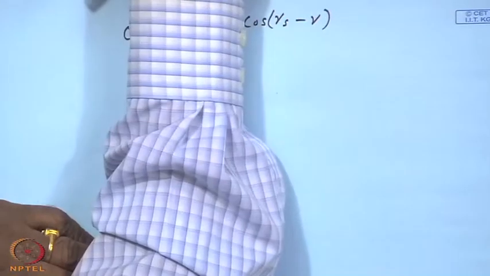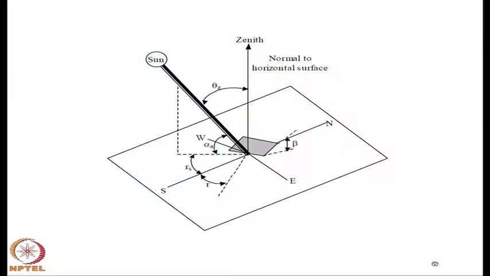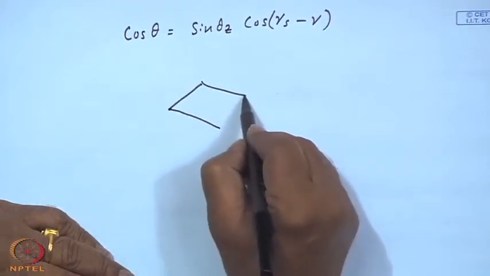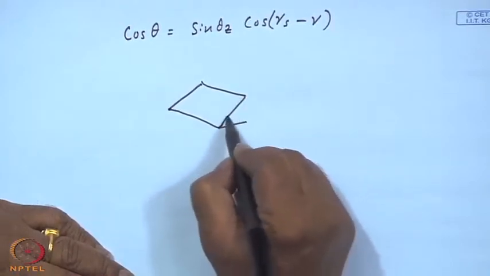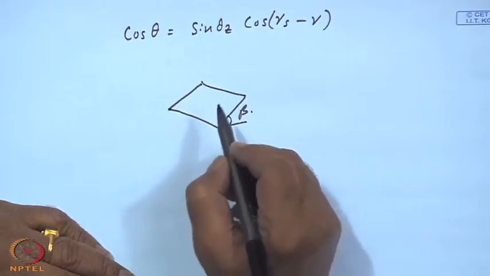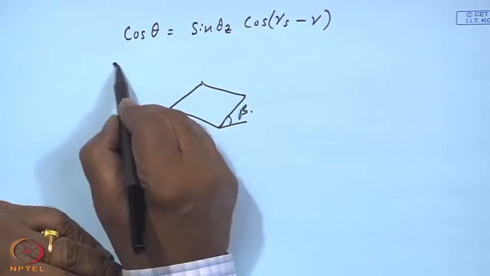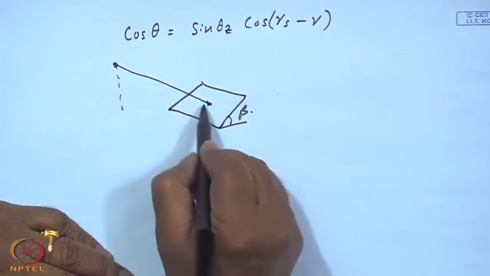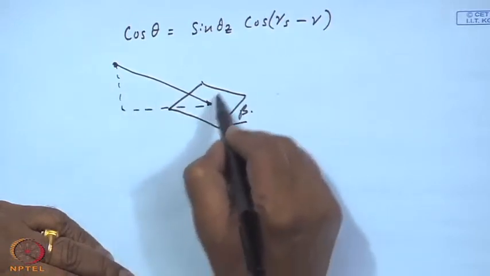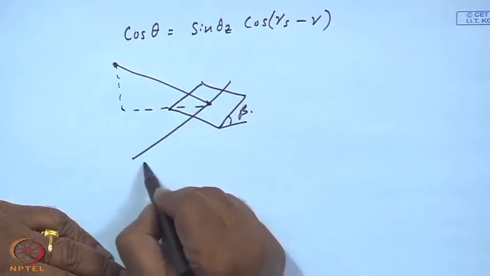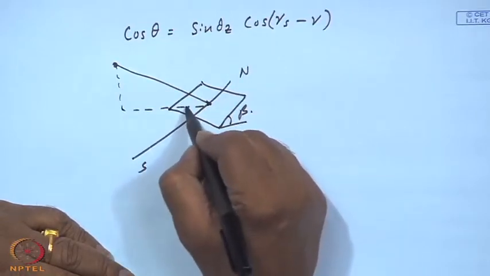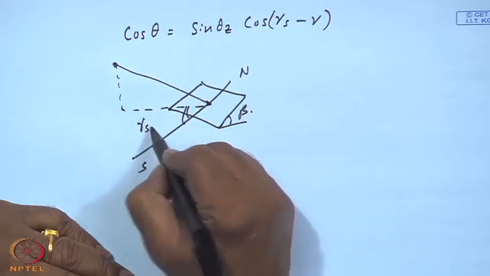I think the next picture should be, yeah, you have got the tilted surface with an angle beta and the sun's ray is coming something like this. If I take the projection of the sun's ray and if this is your south-north, then this should be your gamma s.